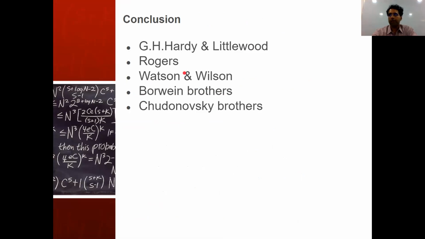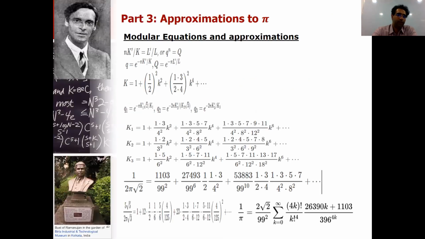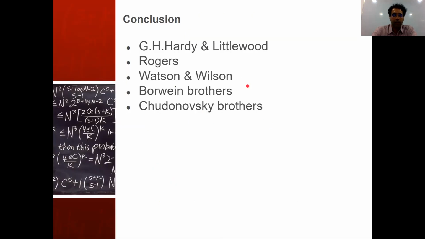So it took nearly 70 years after Ramanujan died, and many mathematicians worked on it, and then finally the Borwein brothers published it. And taking similar steps, the Chudnovsky brothers, who are also American mathematicians, developed similar formulae. You can consider those to be extensions to Ramanujan's formulae, and you can see that such approaches can be extended, and you can find further relations.